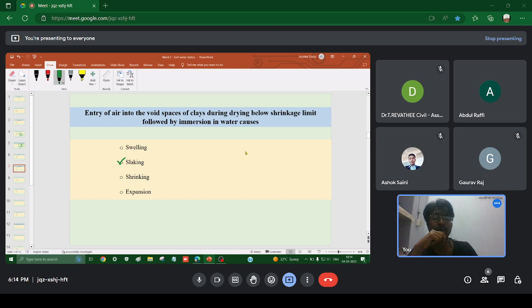Because the graph of moisture content with volume is like this, right? This is the shrinkage limit, this is the plastic limit, and this is the liquid limit. So when we reduce the moisture content below the shrinkage limit, the volume remains constant, right?